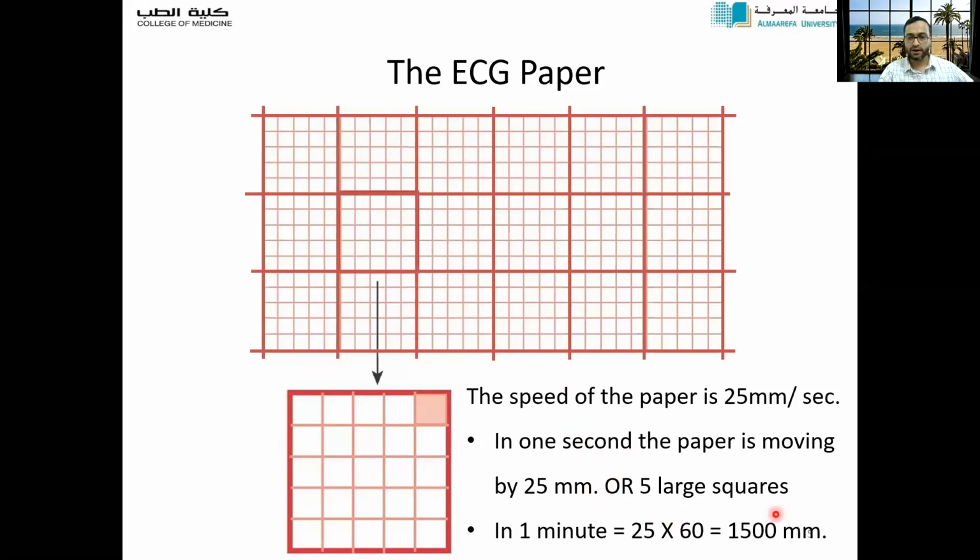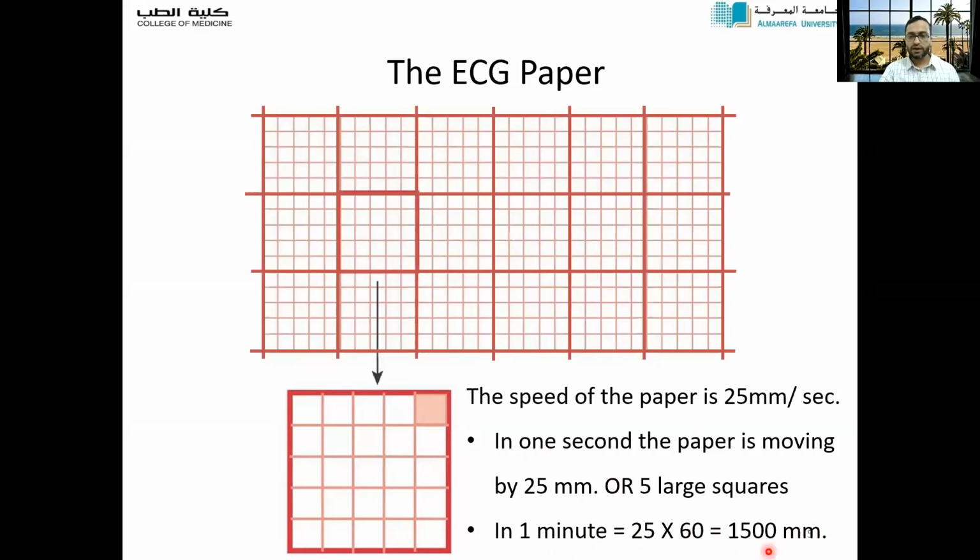But for measurements like heart rate, we usually measure for 1 minute, not 1 second. So we can simply convert the value. We know 1 second is 25 millimeters, so 1 minute, that is 60 seconds, equals 25 multiplied by 60, that is 1500 millimeter, or 1500 small squares.